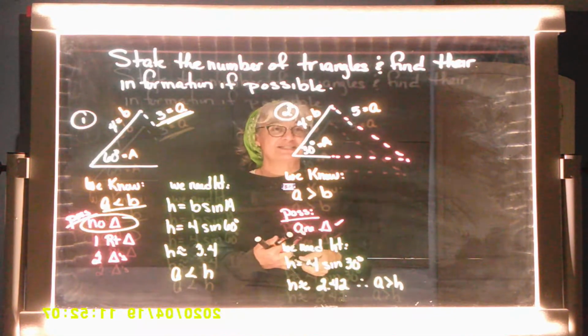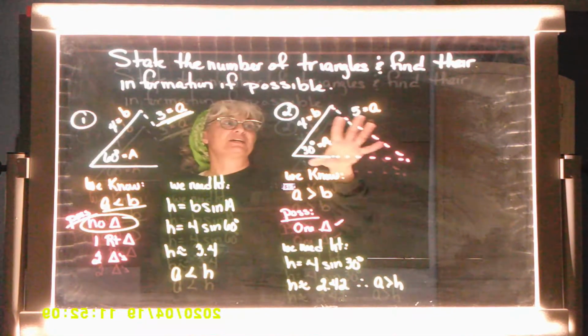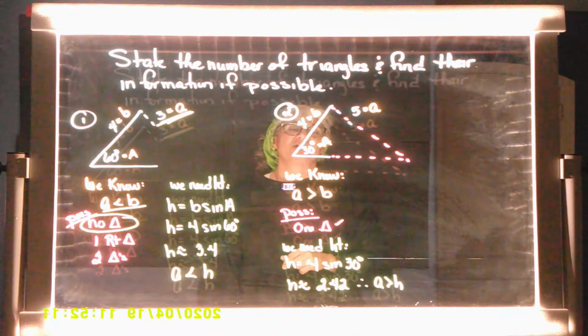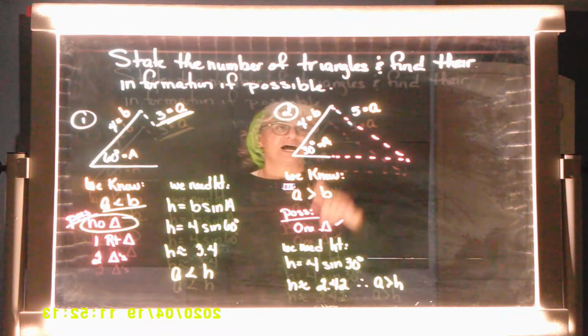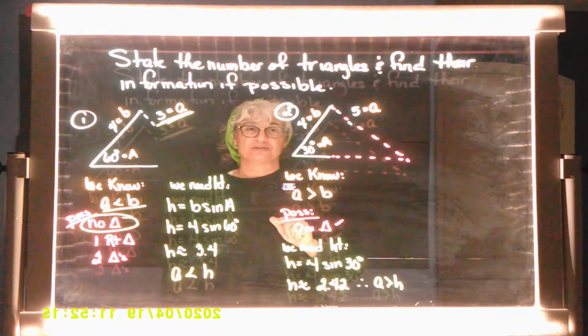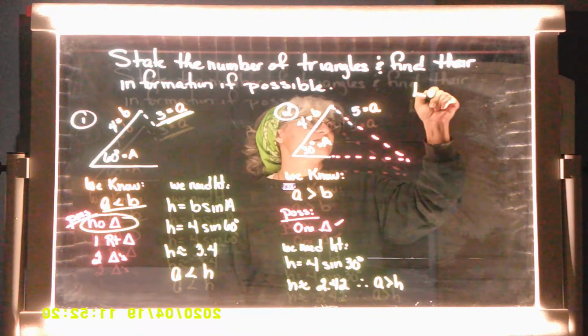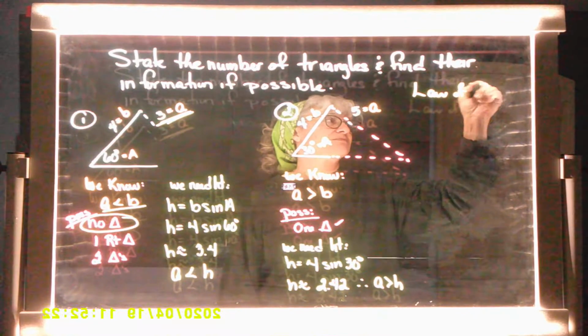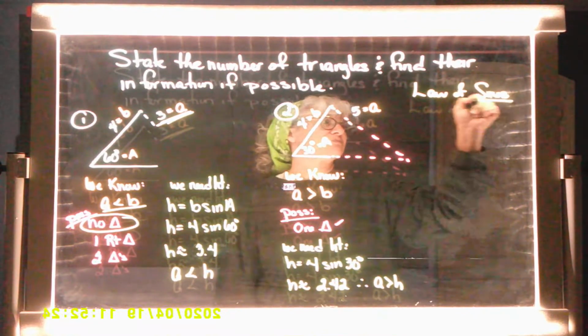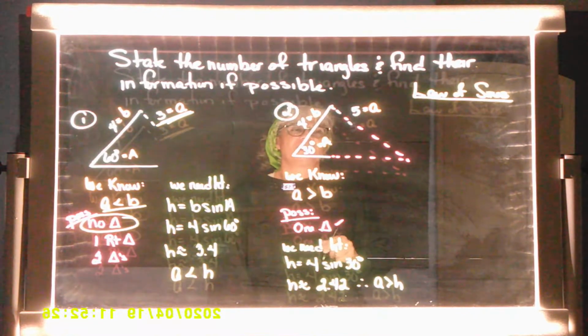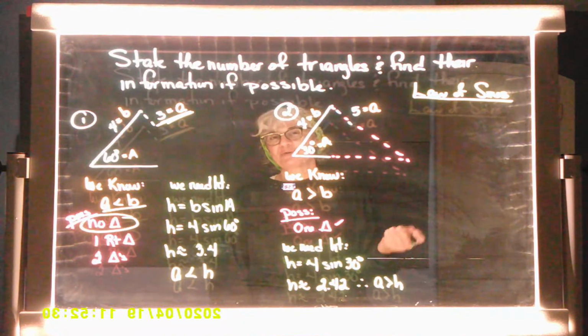But the directions said, if possible, to find the information of this triangle. So let's take a look. I have two sides and an angle. Agreed? Because of this, I'm going to use the law of sines. And now you're like, well, what do I find first?